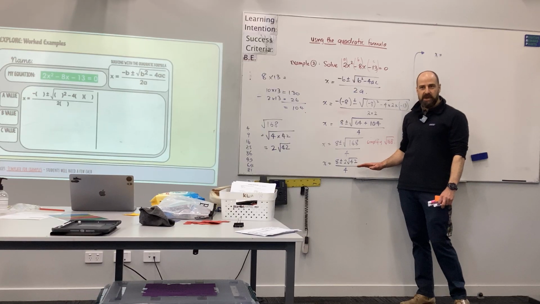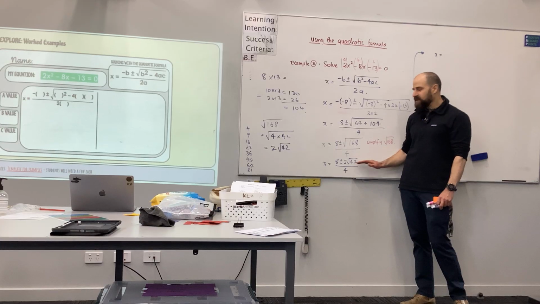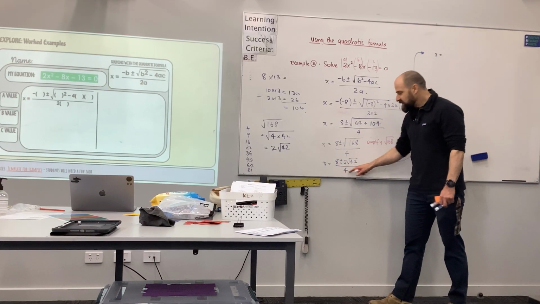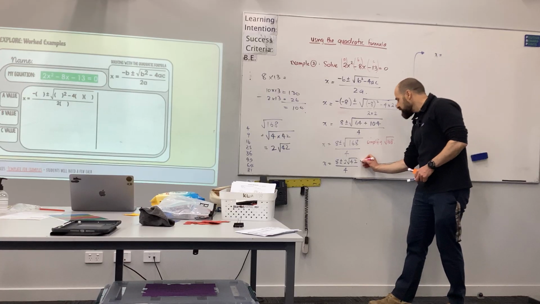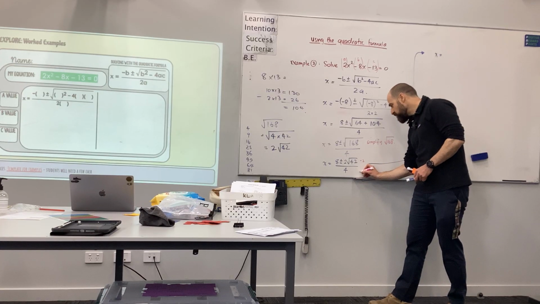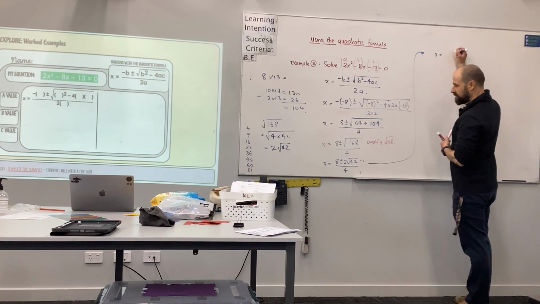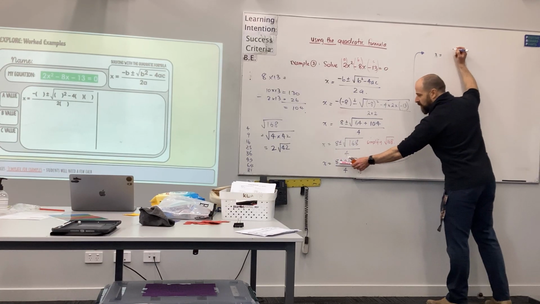So think about when we simplify fractions. We look for something that goes into the numerator and something that goes into the denominator. We're looking for the highest common factor. Both my numerator and my denominator have a factor of 2. So we can divide by 2 on the numerator and we can divide by 2 on the denominator. Okay, so divide all of that by 2.